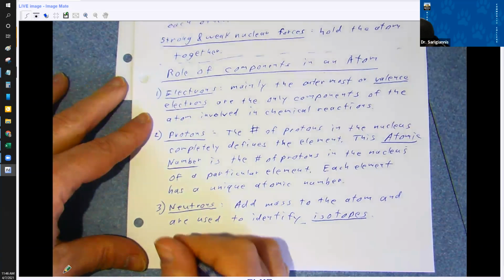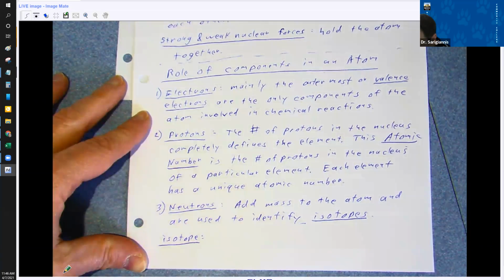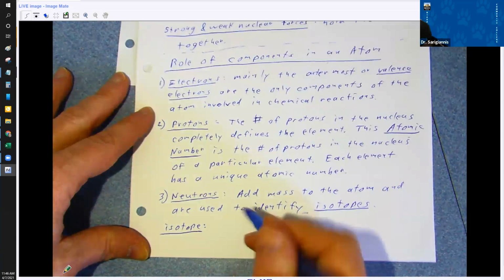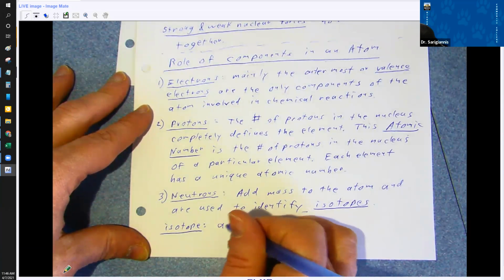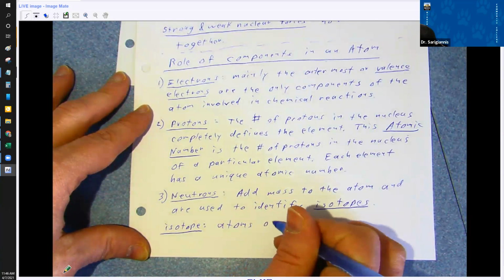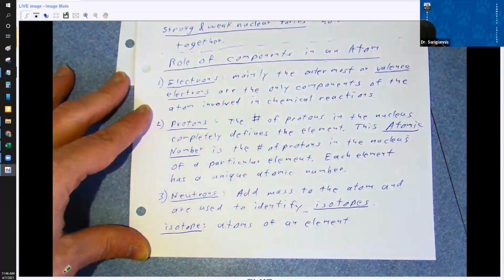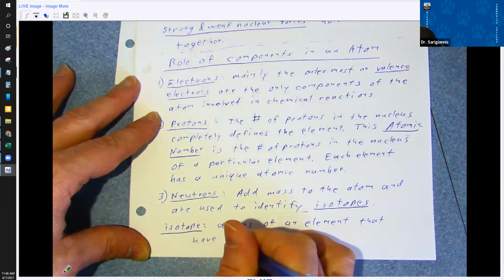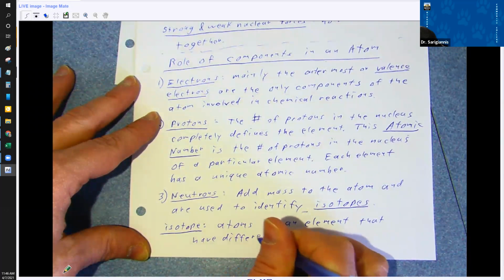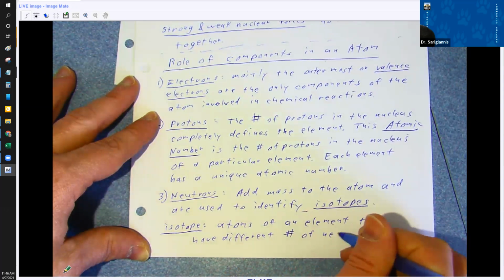Let me just define an isotope. Isotopes are atoms of an element that have a different number of neutrons.